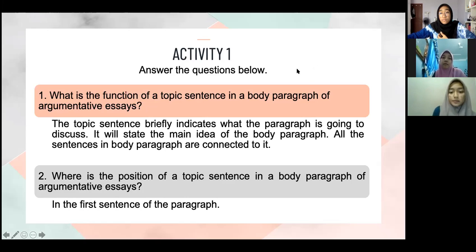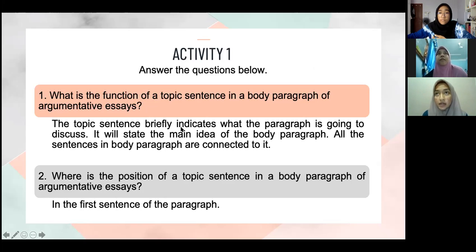Number two, where is the position of a topic sentence in a body paragraph of an argumentative essay? Basically, the position of the topic sentence is usually the first sentence of the paragraph. But it can also be located at the end of the paragraph.